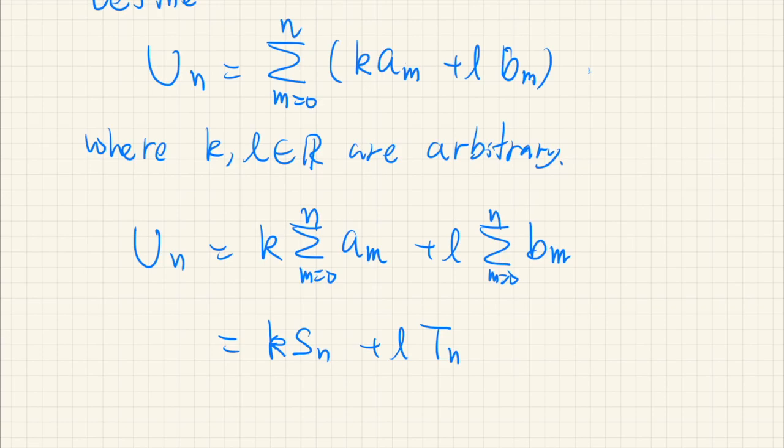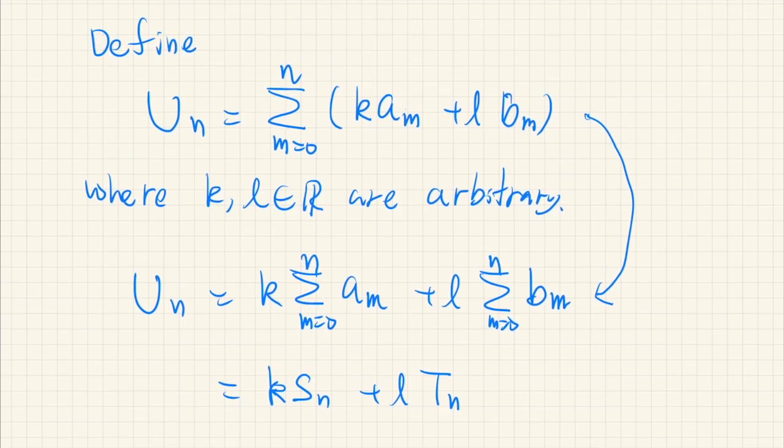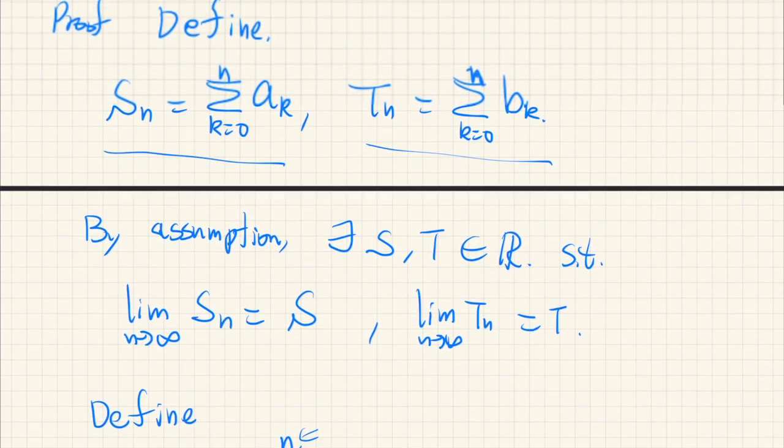Now for a finite sum, from this line to this line is trivial. It's just adding and multiplying ordinary numbers. In the case of series, if this n is infinity, then it's not trivial. That's what we are proving right now, actually.